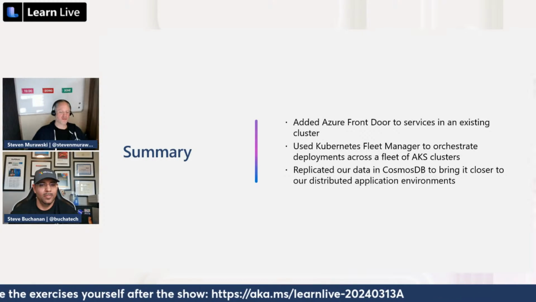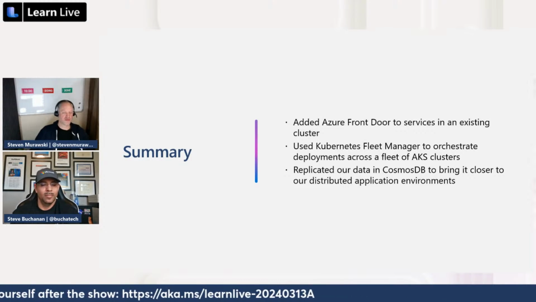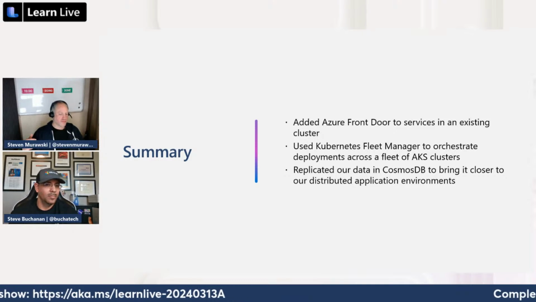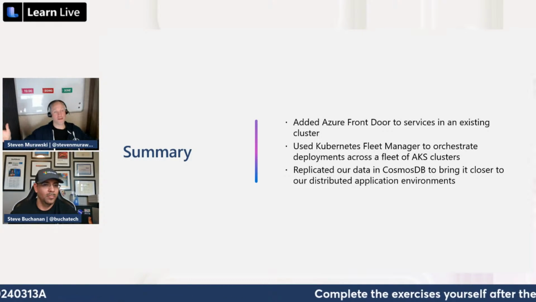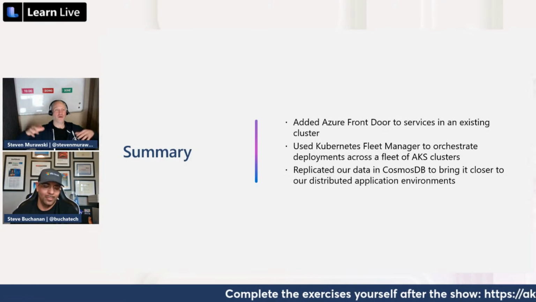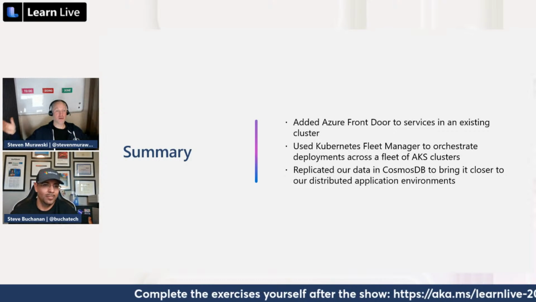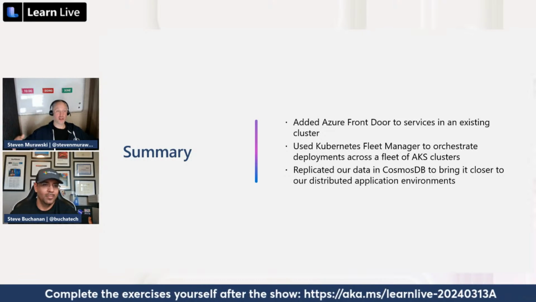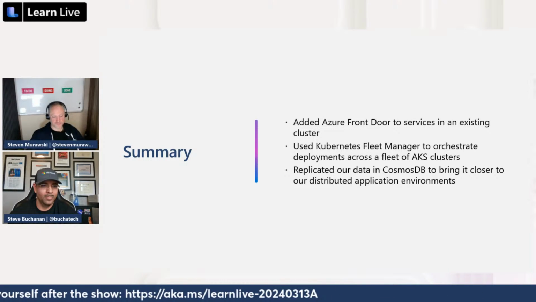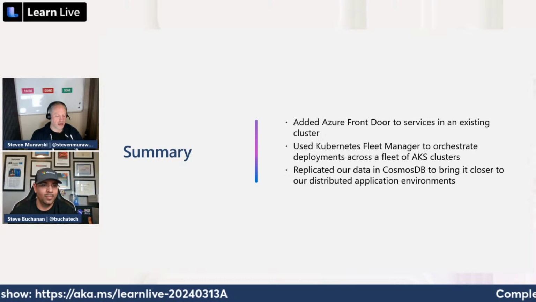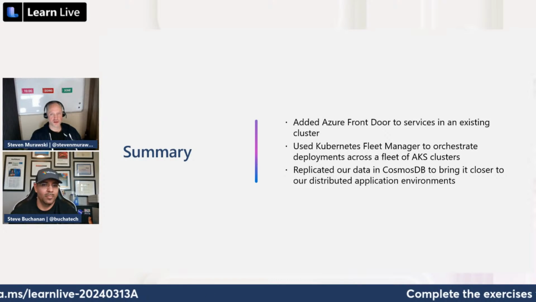We used Kubernetes Fleet Manager to orchestrate deployments across a fleet of clusters, and we took CosmosDB and replicated our data, or attempted to. Well, we ran out of quota, but we did replicate data. When we were doing those multi-master writes, we did see data going back and forth, and we talked about how we can use that to bring data closer in our distributed environments.